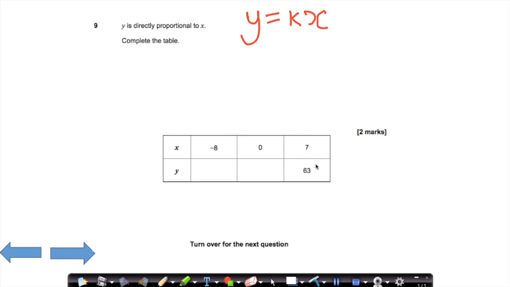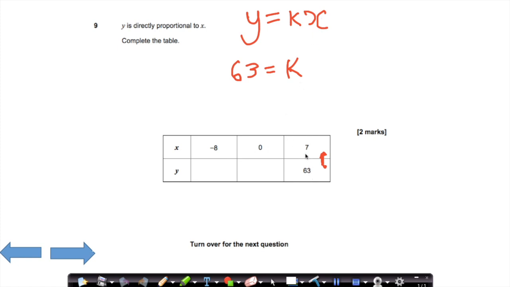Fortunately, they've given us this here. And quite quickly, you might be able to tell that 63 is actually in the 7 times tables. So if we substitute our 63 instead of y, so 63 equals k, our scalar, our something, multiplied by x.